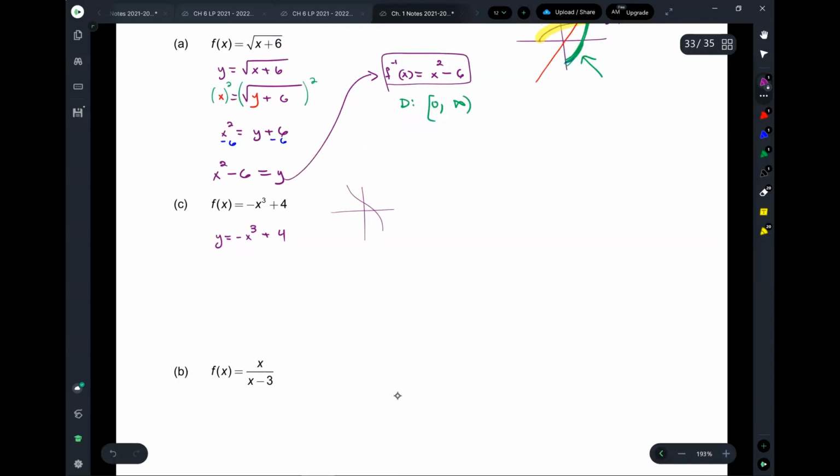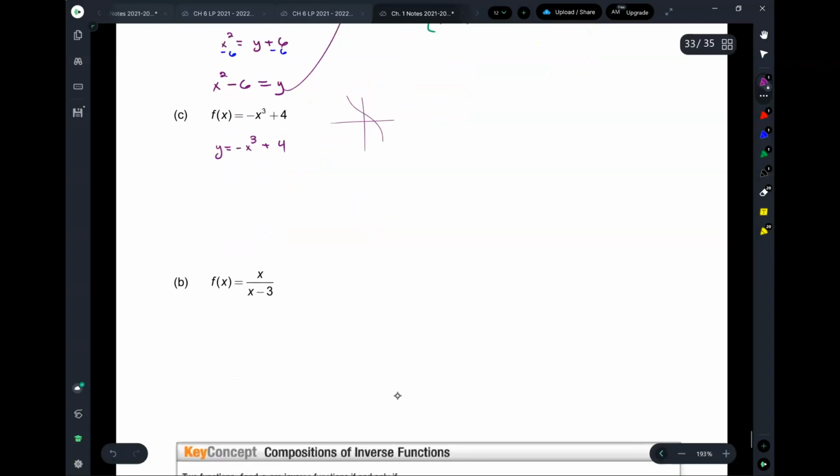All you need is the restriction on the domain. So here, x equals negative y cubed plus 4. Bring 4 to the other side.